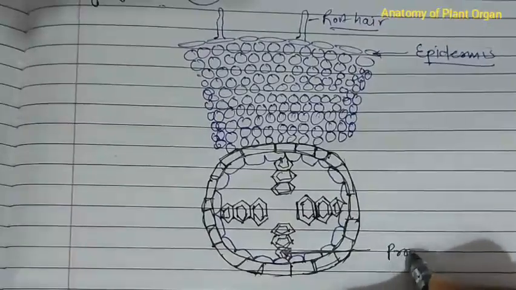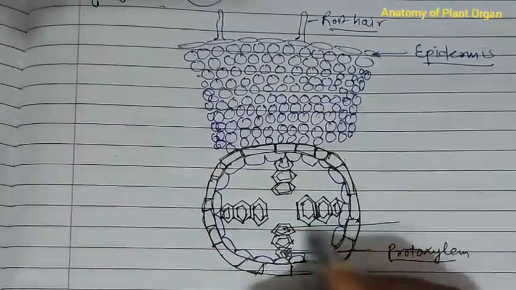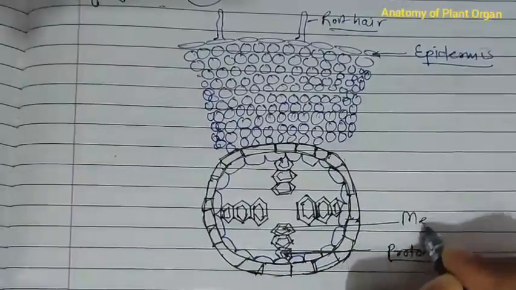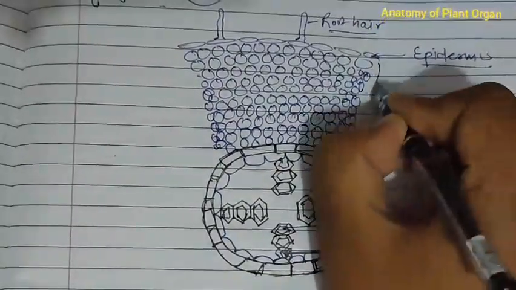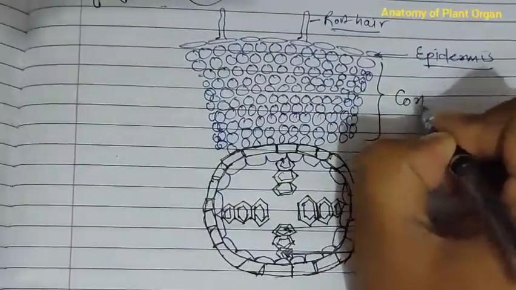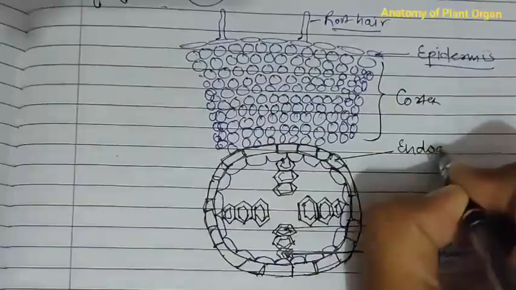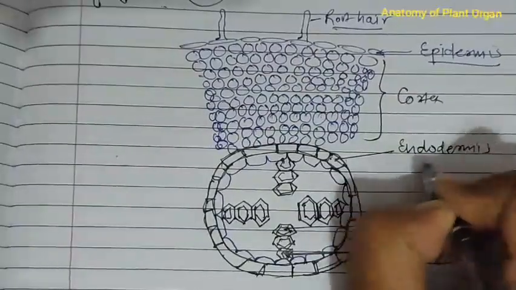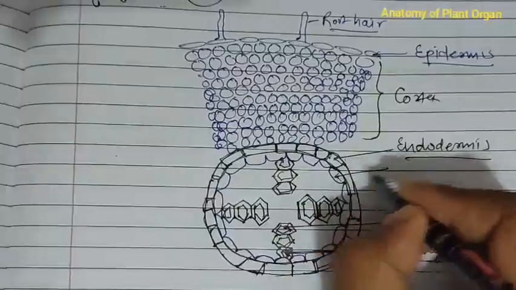And it is a protoxylem, whereas on the inner side this is metaxylem. This is a cortex tissue. Inner to cortex we have an endodermis.